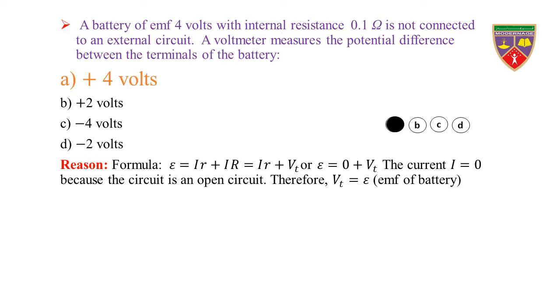Reason: formula epsilon is equal to I into small r, where r is the internal resistance of the battery, plus I R, where capital R is the resistance of the circuit, which can be written as I into small r plus Vt.